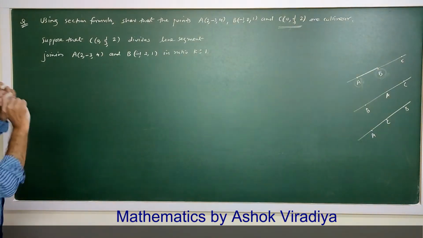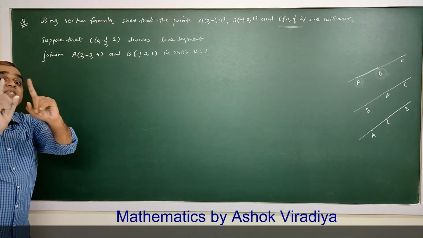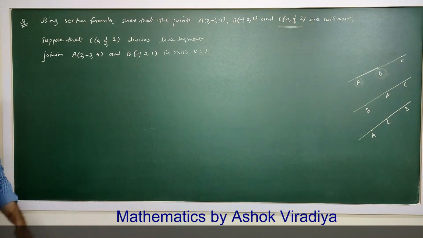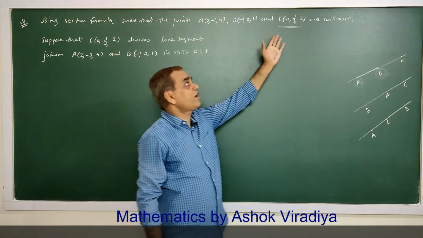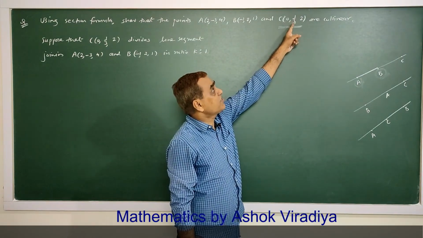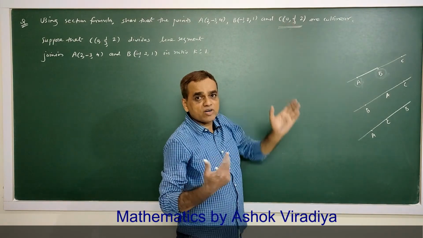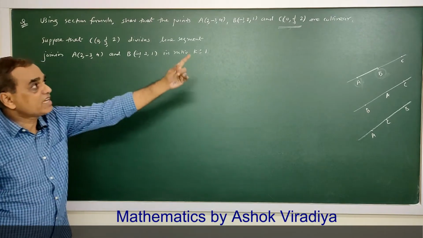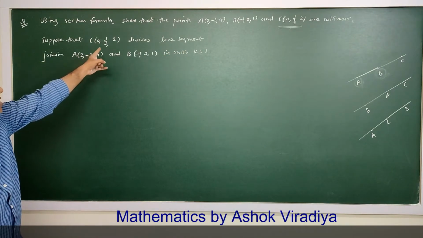If these points are collinear, then C must divide line segment joining AB. In this question I am taking C as a dividing point because here this number is in fractional form. So we shall keep that number on left side for convenience in calculation, because they are not integer, we are taking this number dividing point.